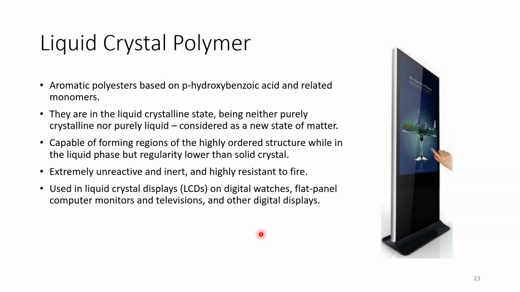It is capable of forming regions of highly ordered structure while in the liquid phase, but with regularity lower than the solid crystal. It is extremely unreactive and inert and highly resistant to fire. It is used in liquid crystal displays on digital watches, flat panel computer monitors and televisions and other digital displays.